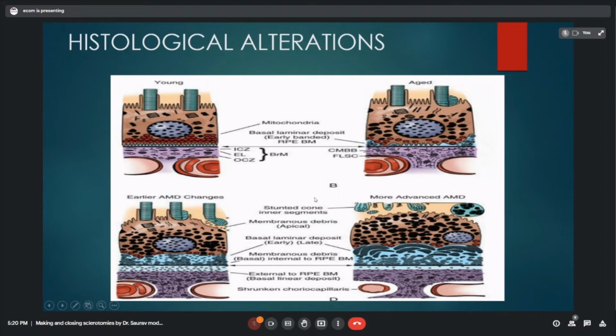But in the more advanced form of AMD, this is a late form of basal laminar deposits, which are more amorphous in nature. As well as that, we can see stunted cone segments and shrunken choriocapillaris. So these are the histological alterations found in advanced AMD.